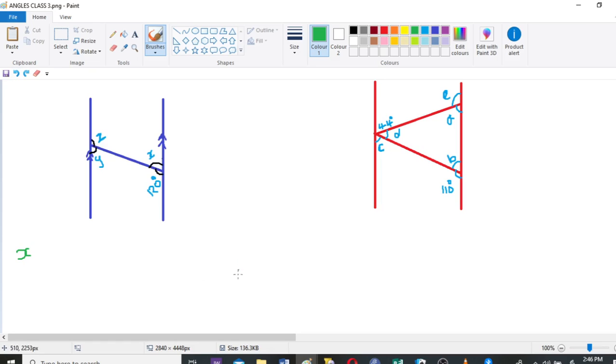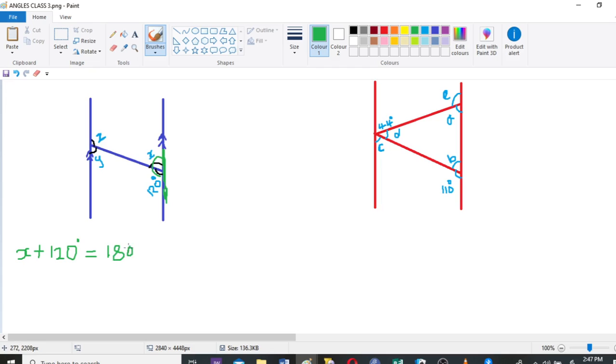We know that 120 and x are lying on a straight line, right? So following the properties of angles on a straight line, the total should be 180. Since we've been given 120, we need x. If we add this angle x, which is unknown, with 120, we should get 180 in total.